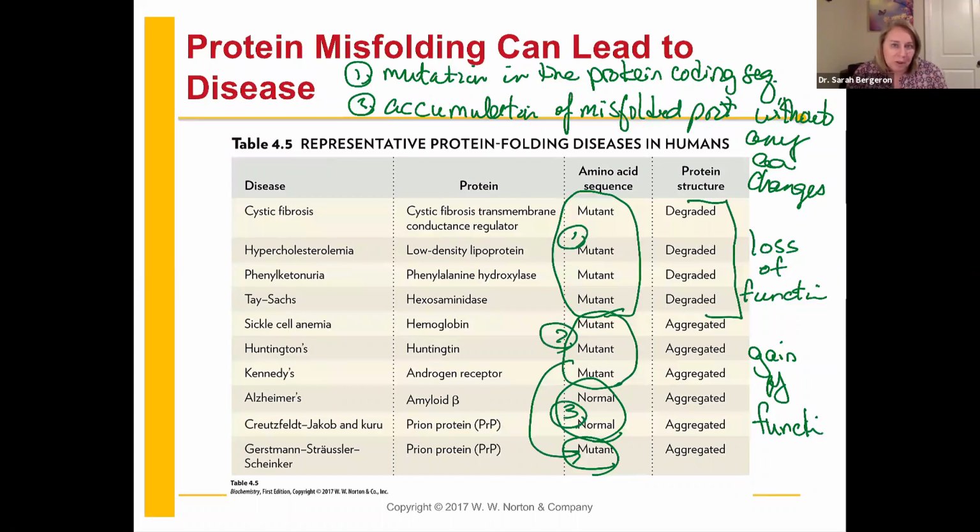So you have a normal gene, you have a normal amino acid sequence, and regardless of that, it still ends up aggregating. So you still accumulate, it misfolds for whatever reason, and it aggregates. And so regardless of whether there is a mutation or not, if it aggregates, we call that a gain of function mutation. So I think this stuff is super cool, like everything else in biochemistry.